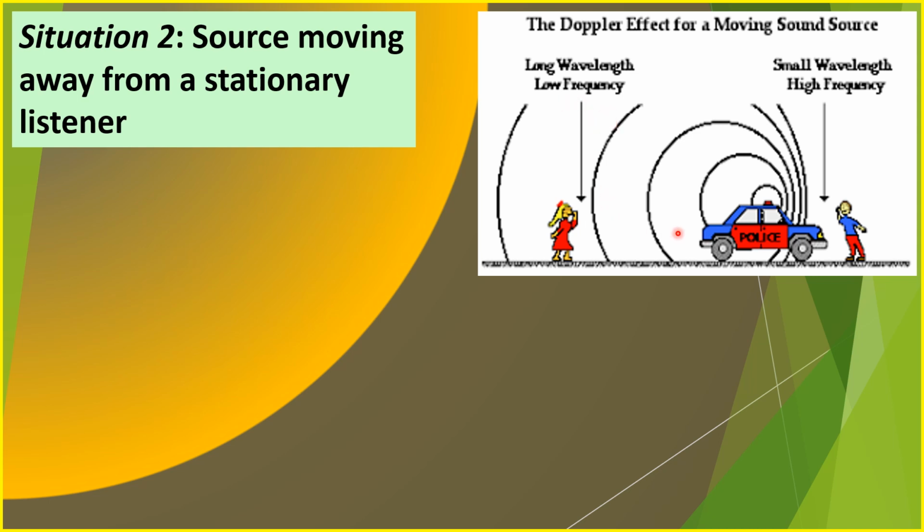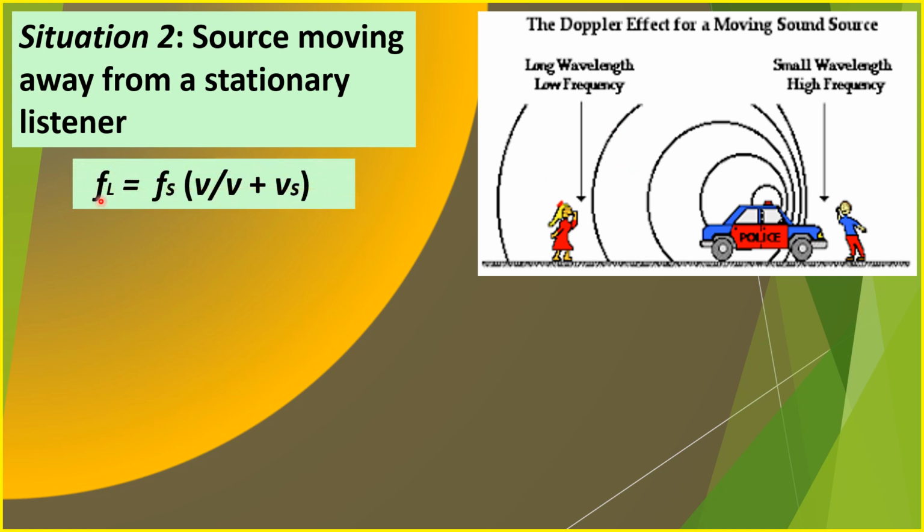That is because the wave fronts that are emitted by the source, when they reach the observer, are somewhat stretched. In other words, the wavelength of the sound is long, corresponding to a low frequency or pitch. And mathematically, the FL can be determined by using this formula.